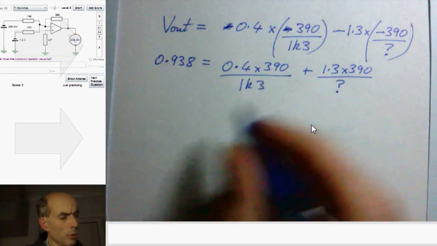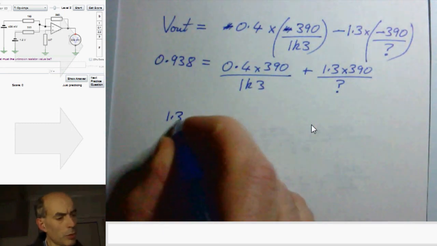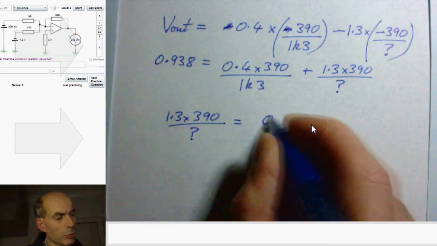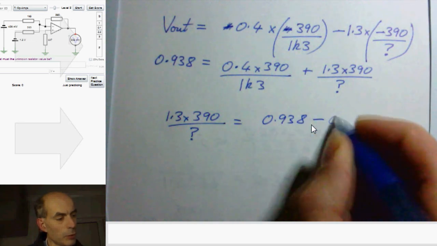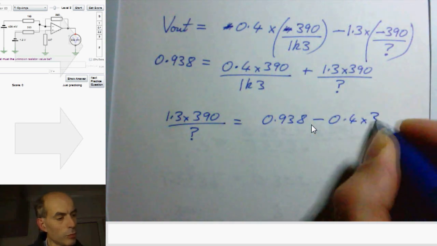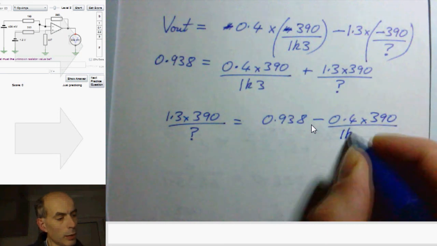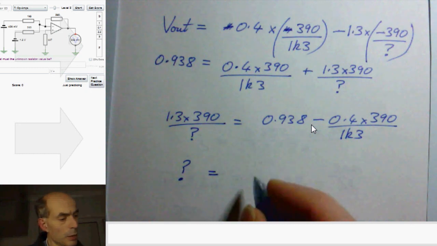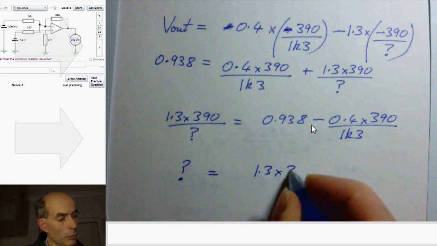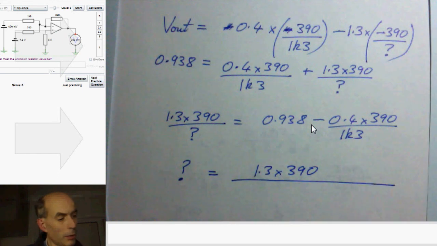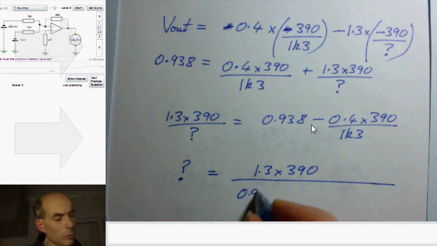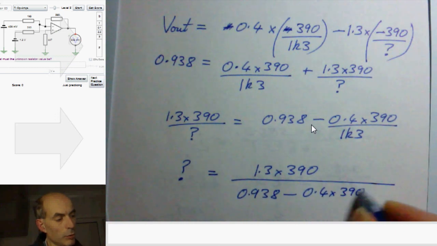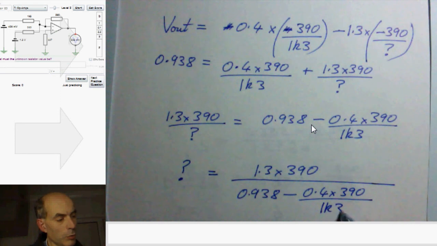Bit of algebra on that would give me 1.3 times 390 divided by the unknown equals 0.938 minus 0.4 times 390 over 1K3. In other words, the unknown resistor will be 1.3 times 390 divided by that lot, 0.938 minus 0.4 times 390 divided by 1K3.